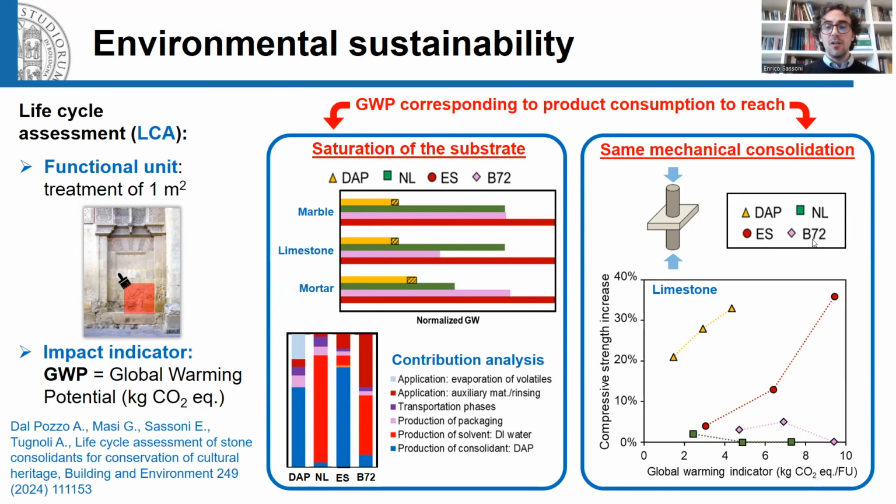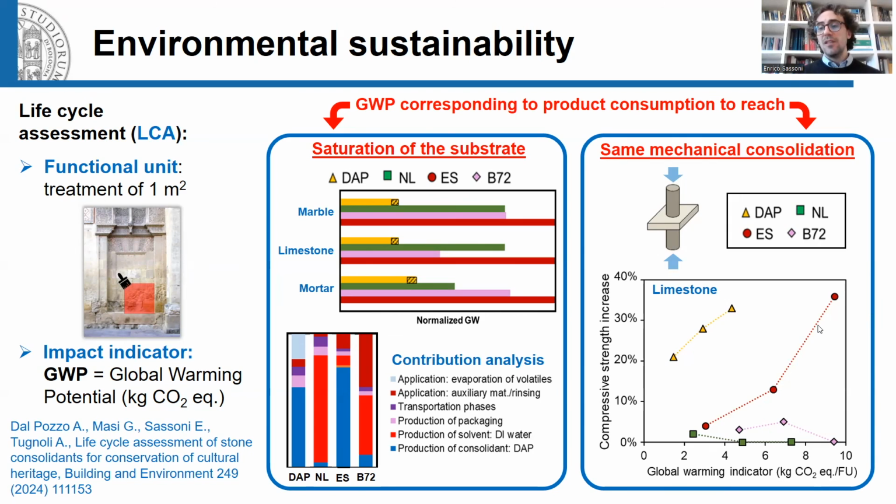of the other consolidants. Moreover, as you can see here on the right, where the mechanical effectiveness of the consolidant is plotted against the global warming indicator, we can see that DAP is able to provide significant increases in mechanical properties while causing a much lower global warming indicator compared to the alternatives.